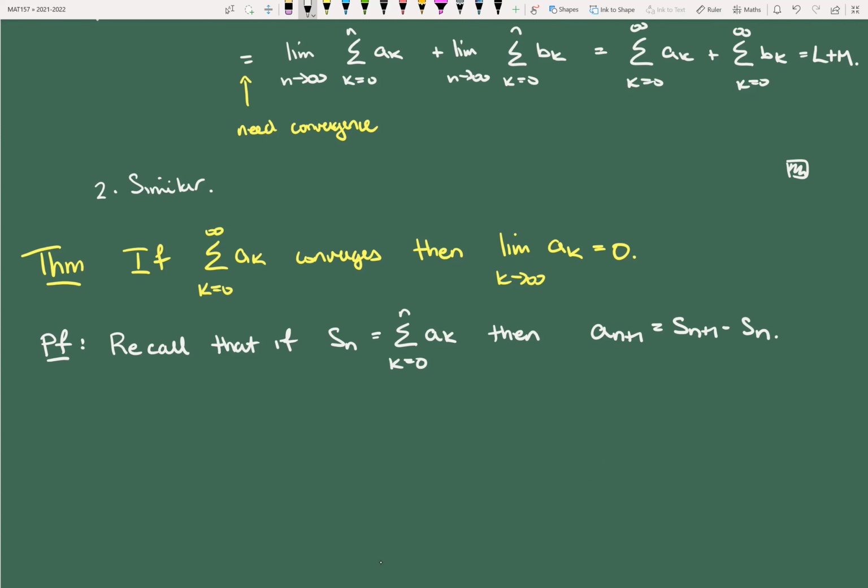Okay, and I say recall because this is the first note that I wrote above, right? As soon as I defined what an infinite series was, it was the first thing I put in green. Recall S(n+1) is equal to Sn plus a(n+1). So I've rearranged that equation a little bit, but it's the same equation, right? And now I'm done.